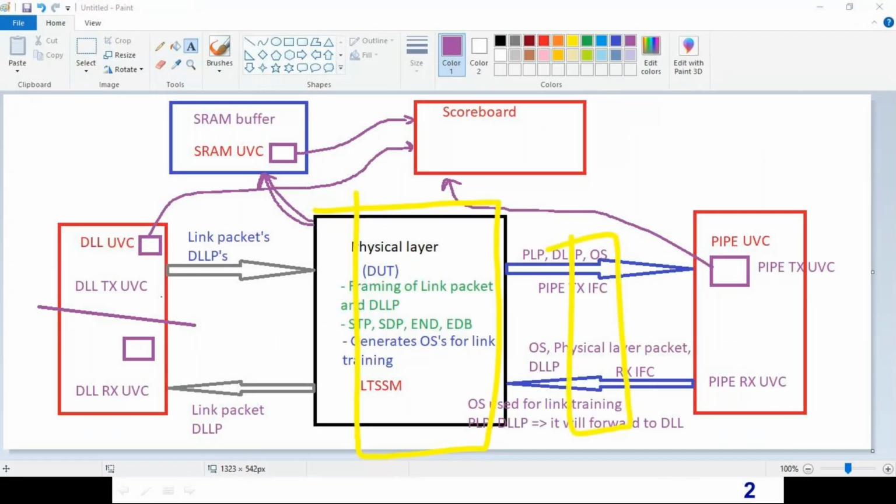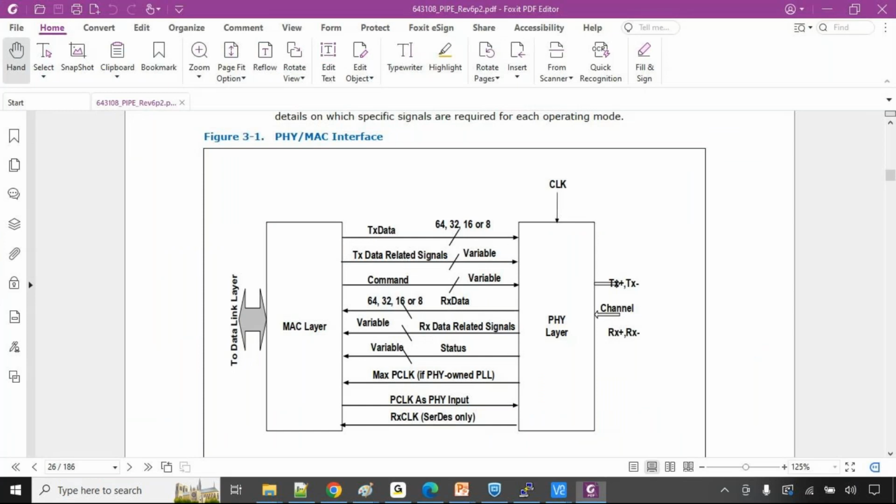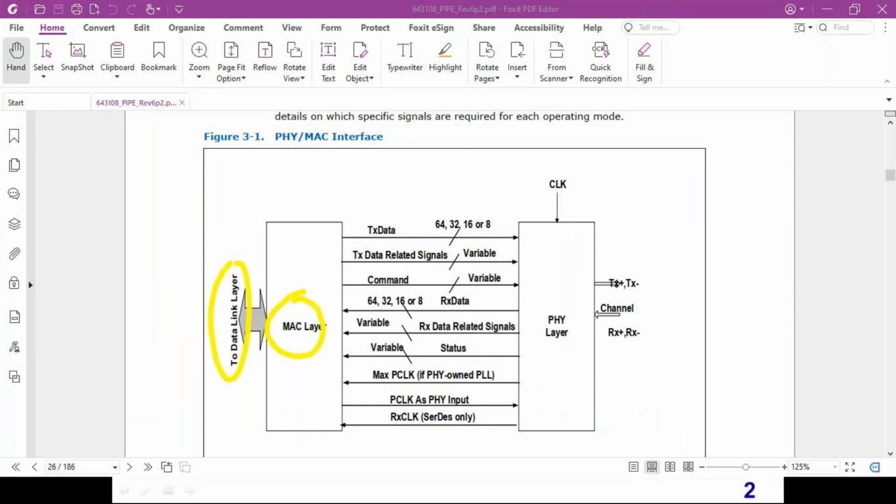Understood, right? This I am calling the MAC, media access control. This we are calling the PCS, nothing but the actual PHY electrical block. Have you understood? This is the data link layer. If you can see, this is our DUT. So the DUT sends the data in 32 bits.